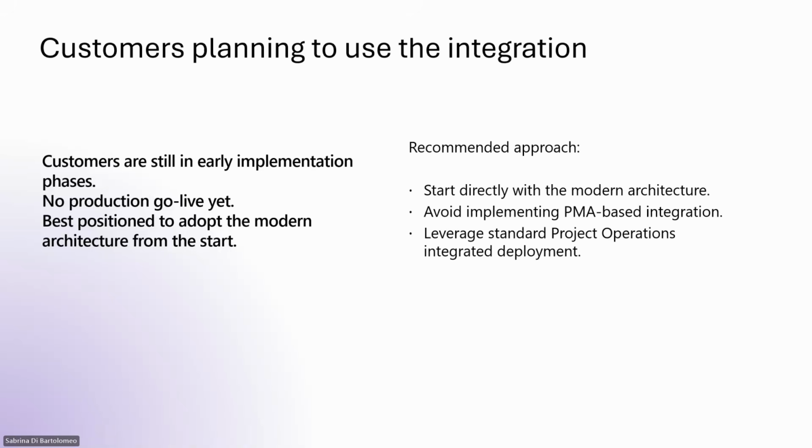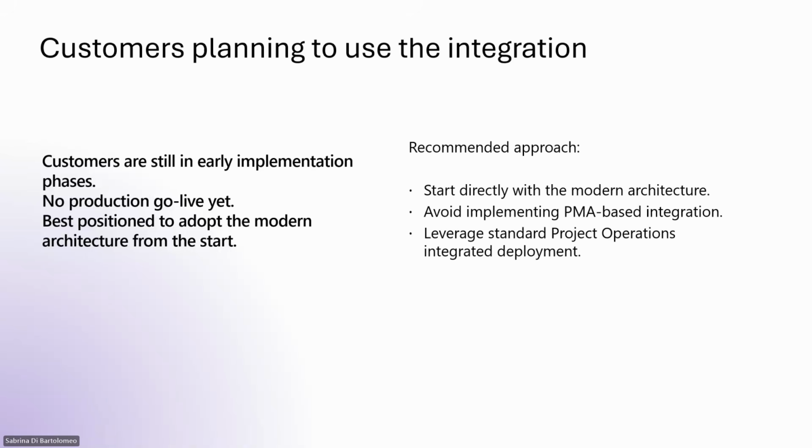And customers planning to use the integration, who are still in the early phases of their implementations and have not yet gone live in production, are in the best position to adopt the modern architecture from the start because there is no production dependency yet. The recommendation for these customers is to start directly with the modern architecture based on project operations.